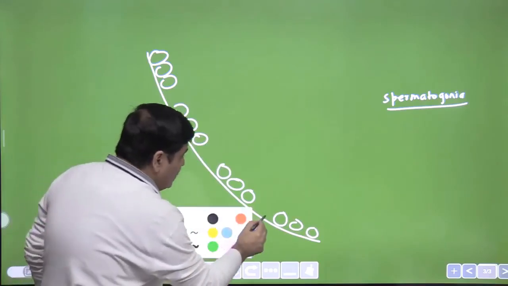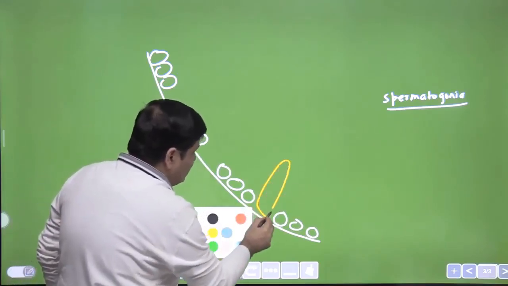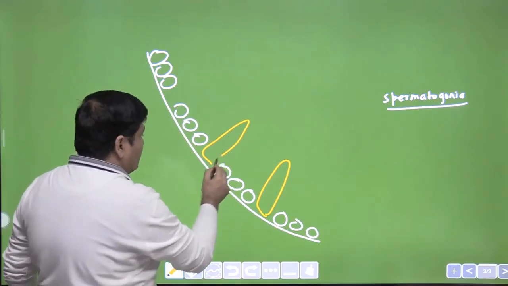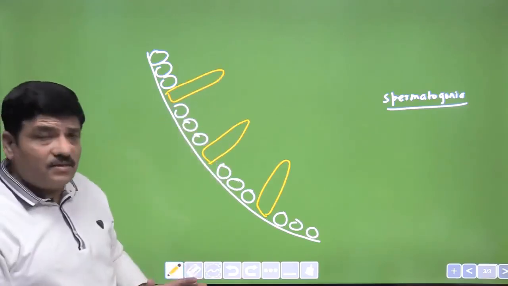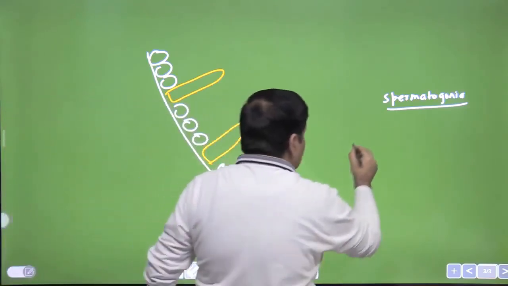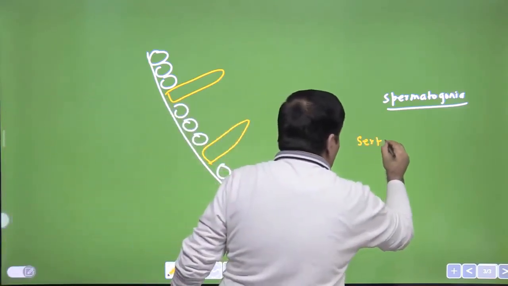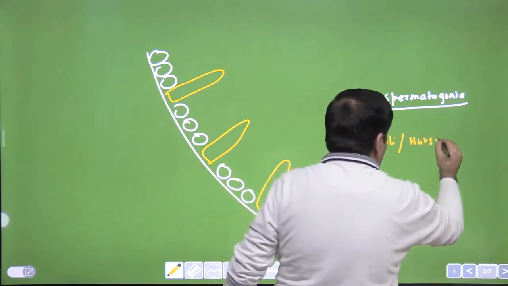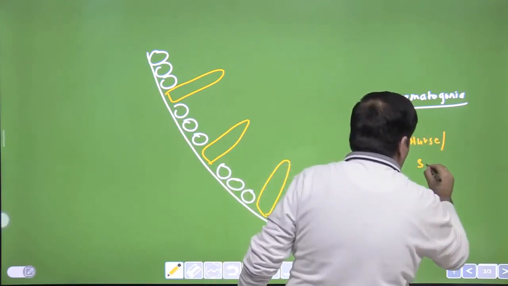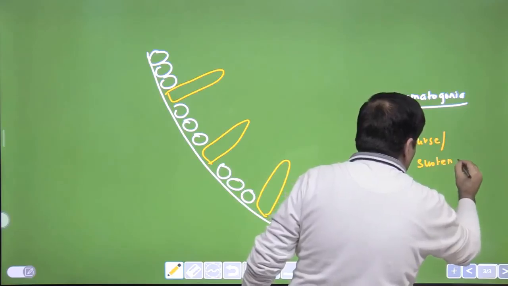We will call these tall elongated cells the Sertoli cells, the sustentacular cells, or the nurse cells, or the mother cells. So these cells are called Sertoli cells. They are also called nurse cells, sometimes mother cells, sometimes sustentacular cells.